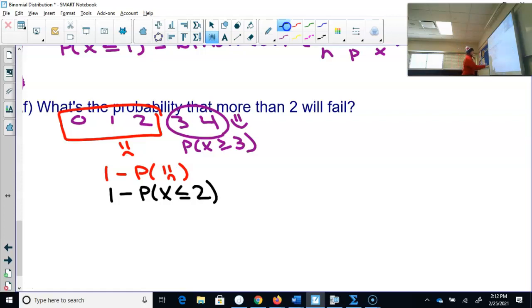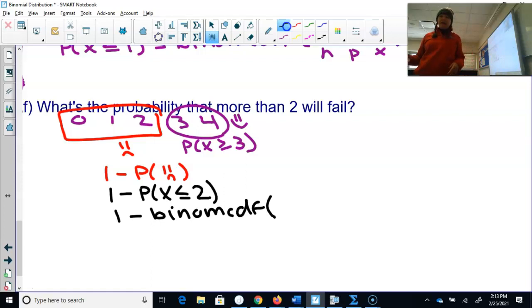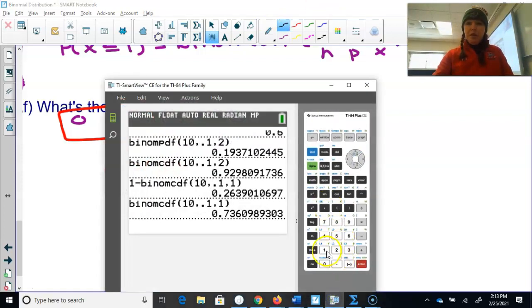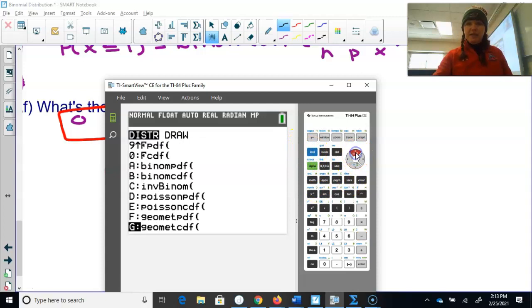So that's going to be 1 minus a binomial CDF. Let's go ahead. Let's type that in our calculator now. 1 minus binom, second vars.